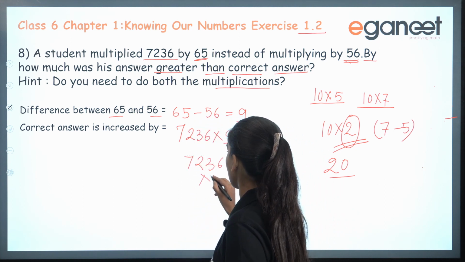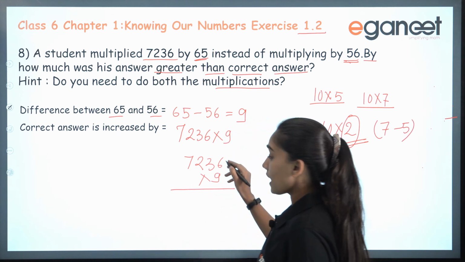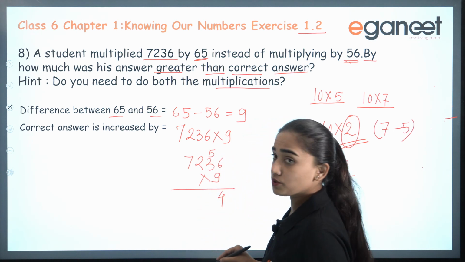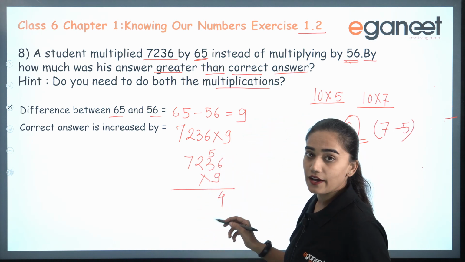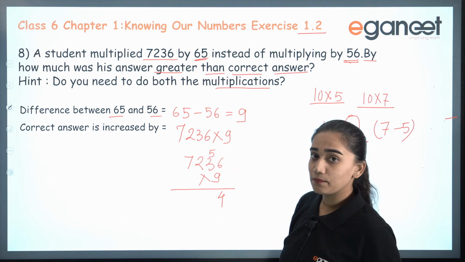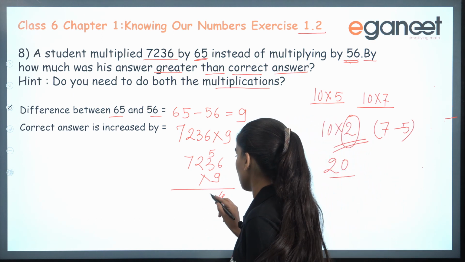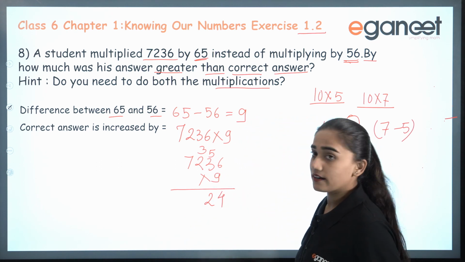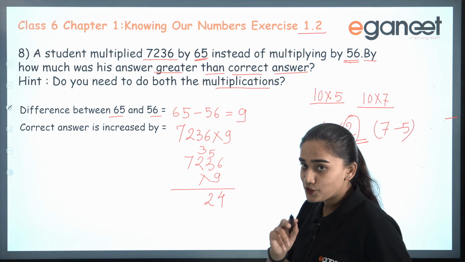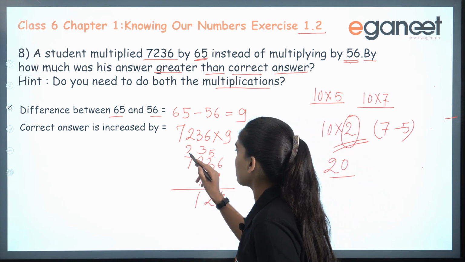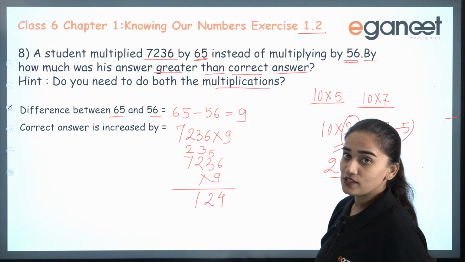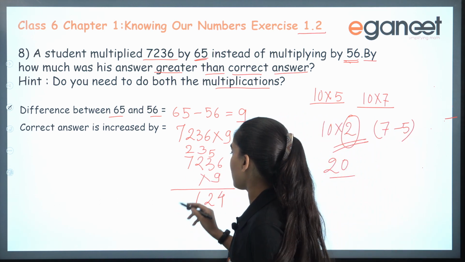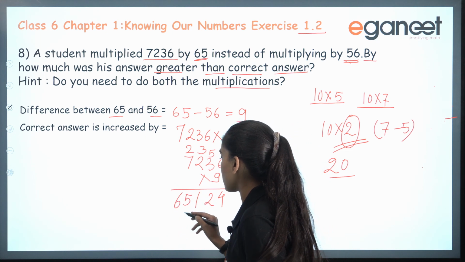7236 multiplied by 9. 9 6s are 54, so 4 will be here, 5 will be carried to the tens place. 9 3s are 27, 27 plus 5, 32, so 2 will be here, 3 will be carried over to the hundreds place. 9 2s are 18, 18 plus 3, 21, so 1 will be here, 2 will be carried to the thousands place. 9 7s are 63, 63 plus 2 will be equal to 65.